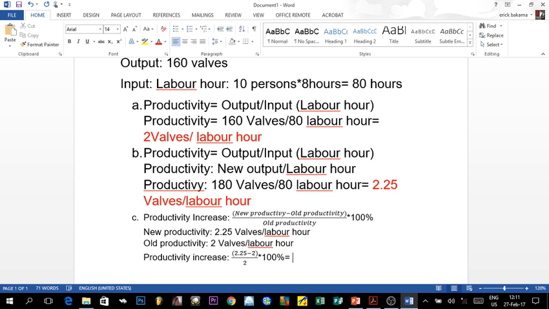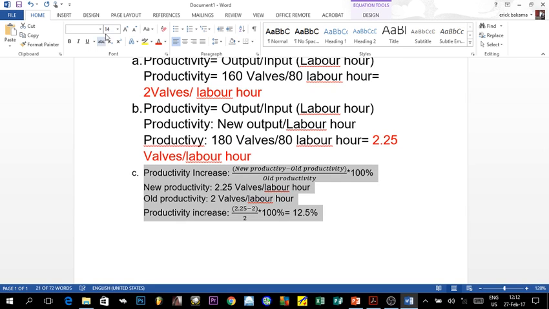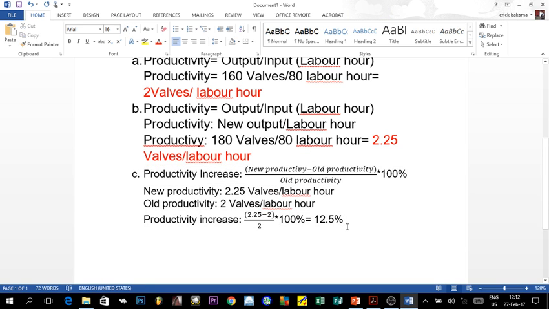If we do 2.25 minus 2 and divide by 2, it gives us 0.125, times 100, we get 12.5%. What does this 12.5% mean? It means that since the manager changed the output, which moved from 160 to 180, the productivity increased by 12.5%.